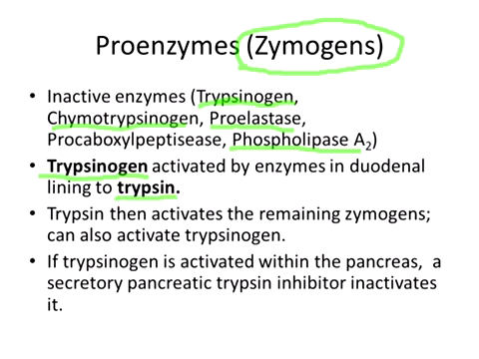Trypsin is then capable of activating the remaining inactive enzymes to their active form. Therefore, chymotrypsinogen, for example, will become chymotrypsin once activated, and proelastase becomes elastase once it's activated. It's worth noting that trypsin can also activate trypsinogen.